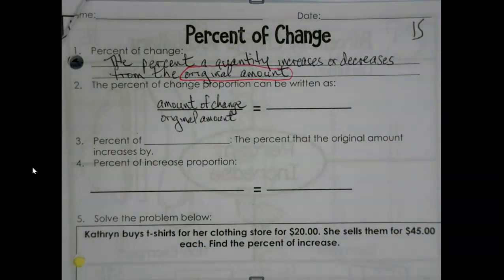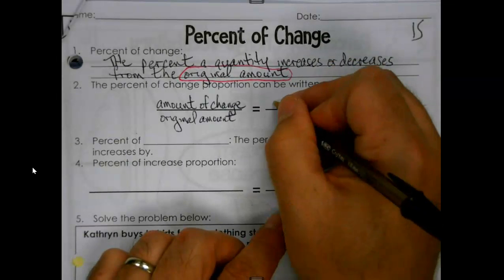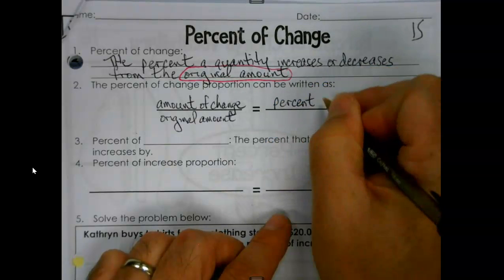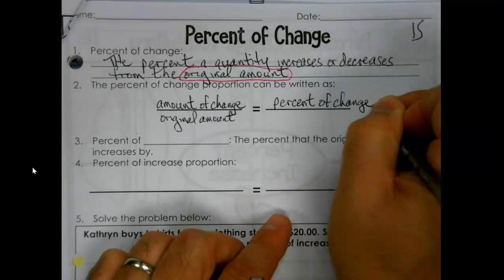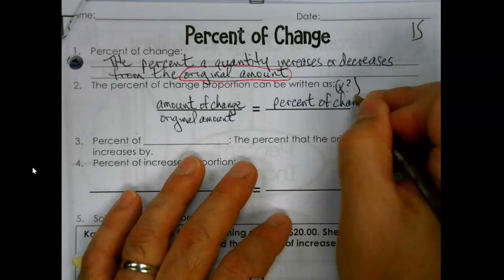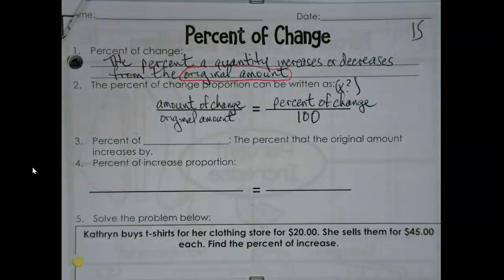I mean, it can be money, it can be people, it can be stuff. And that's going to give us our percent of change over 100.